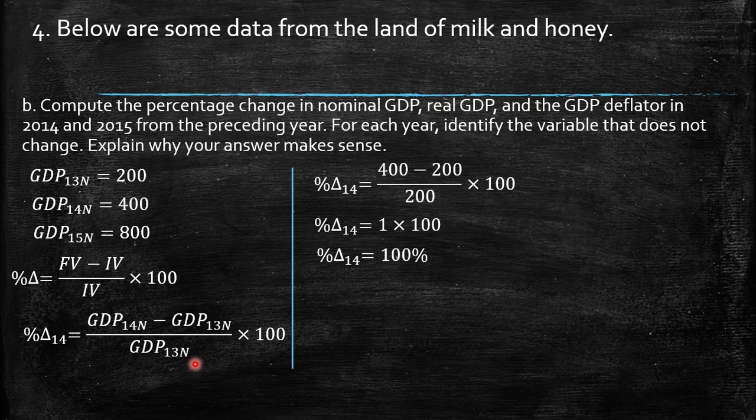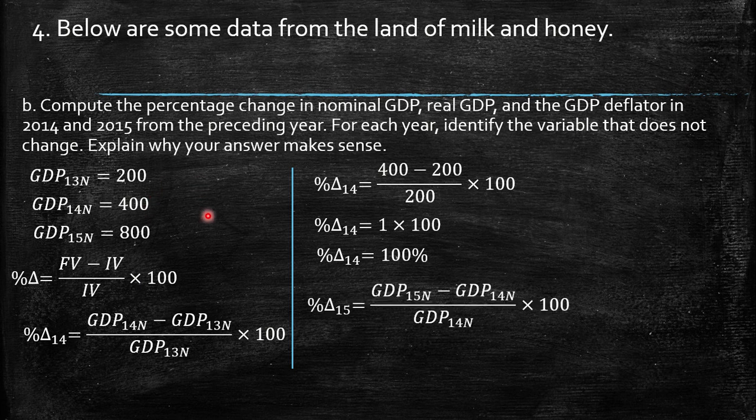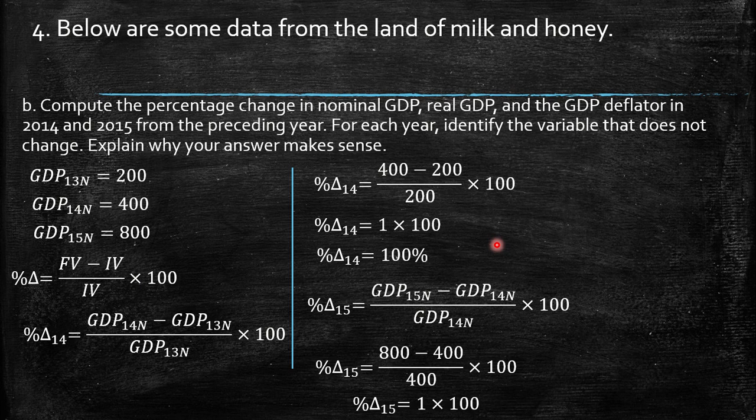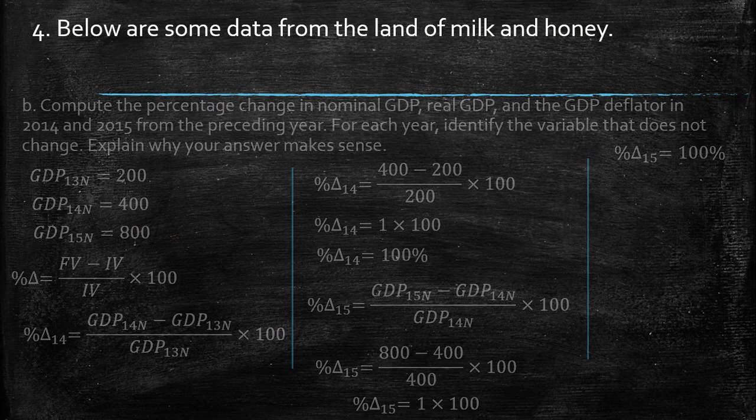So you see that there was an increase of 100%, from 400 compared with 200. Then for 15 it is exactly the same, 2015 minus 2014 over 2014, and then you have 800 minus 400 over 400, and this time again 100%. You see here an increase, double. So anytime you have double the quantity, this is like a 100% increase.